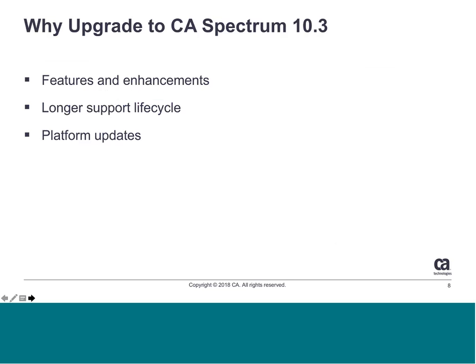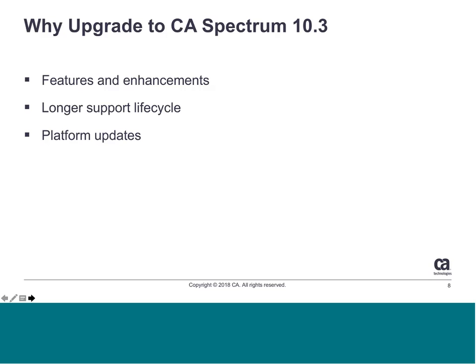Because at the end of the day, if you have software that's doing critical network level monitoring, it's all the more important that it continues to be under support, right? And we'll take some time to talk about that.